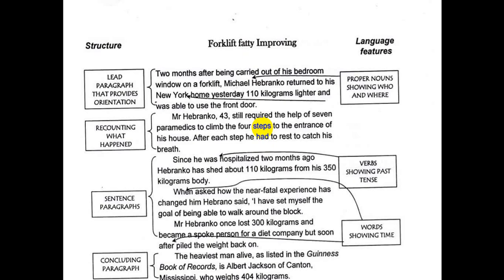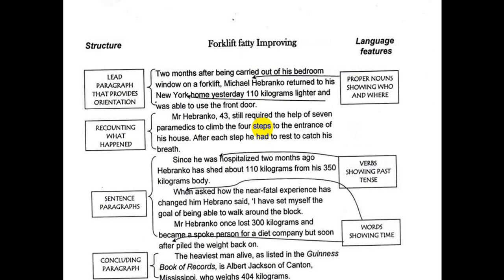Two months after being carried out of his bedroom window on a forklift, Mikhail Hebranko returned to his New York home yesterday, 110 kilograms lighter, and was able to use the front door. Let's look at the second paragraph, recounting what happened.